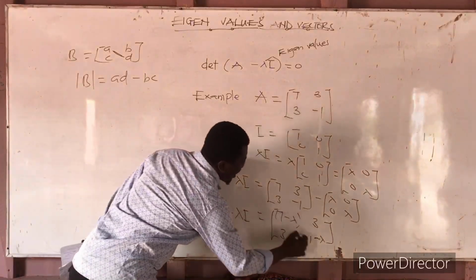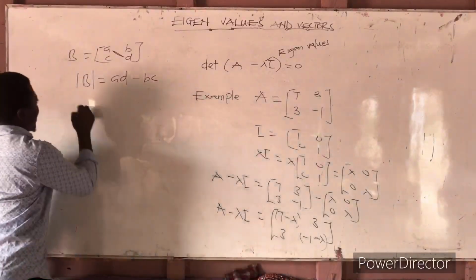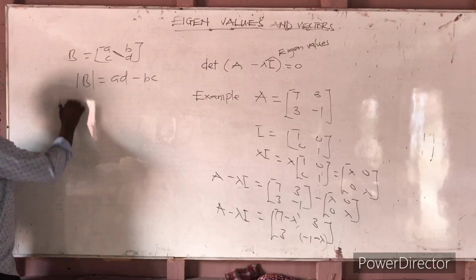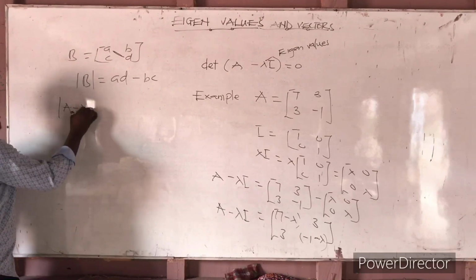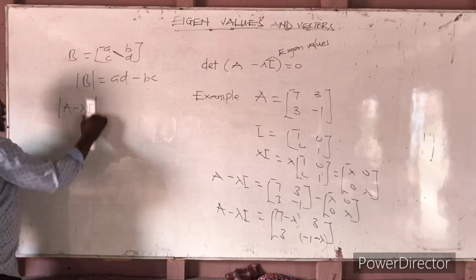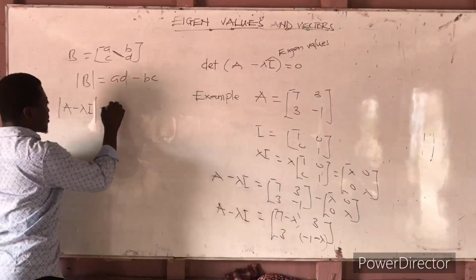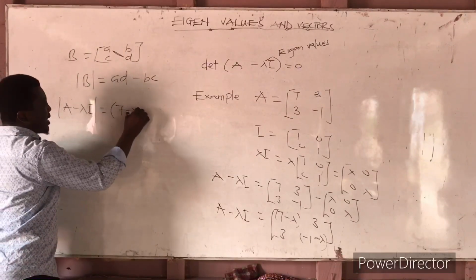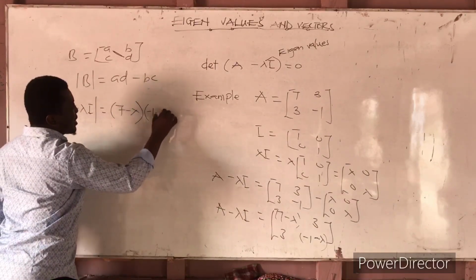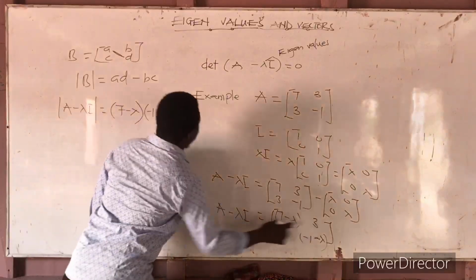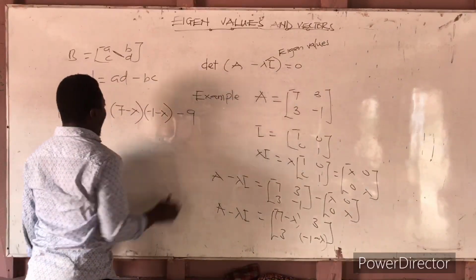The determinant of A minus lambda I is going to give us 7 minus lambda times minus 1 minus lambda, then 3 times 3 is minus 9.